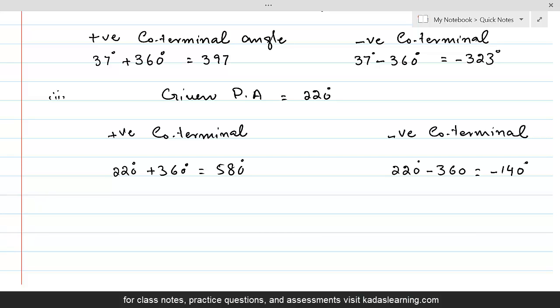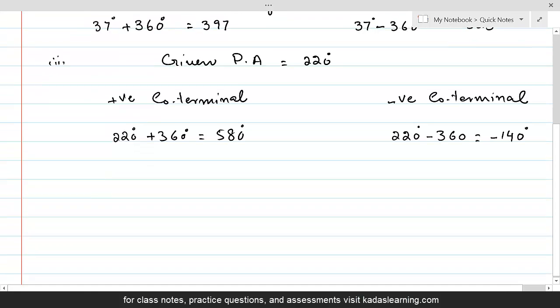Let's do another question in which we will be required to find the principal angle when the given angle is coterminal.